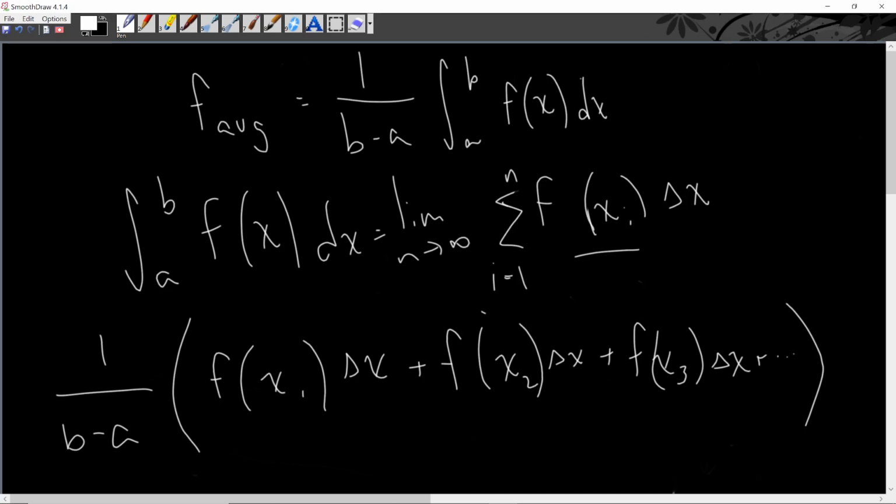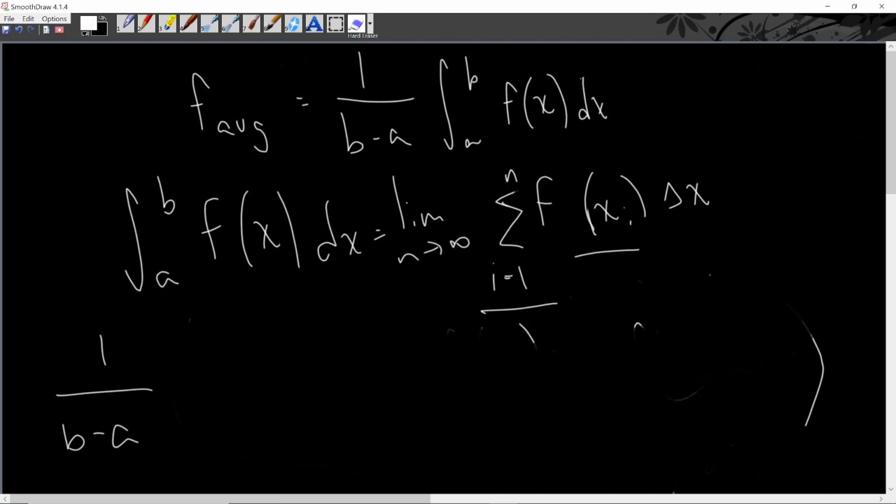This is the same thing as an infinite sum where i continues to increment. So we can just rewrite all of this as an infinite sum of these f of xi times delta x values, which again is going to be our definition of the integral.